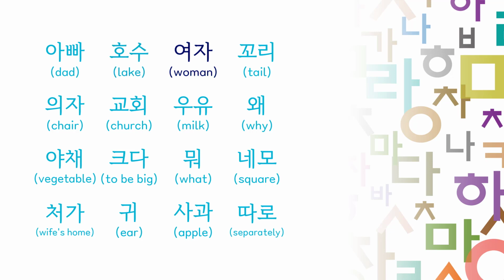The next word is 여자, and this word means a woman. The first syllable uses ieung and the vowel 여, so it's 여. And the second syllable uses the consonant 지읒 and the vowel a, so it's 차. So this is 여자.